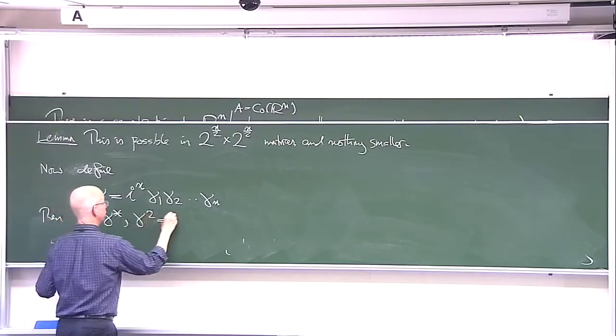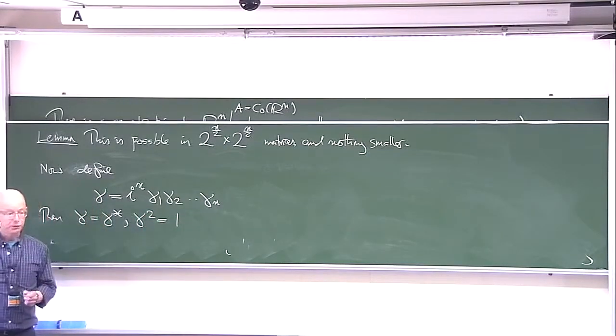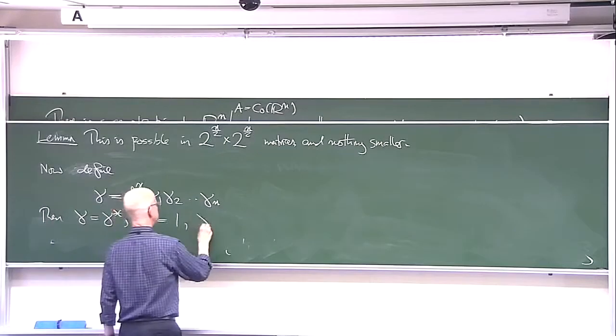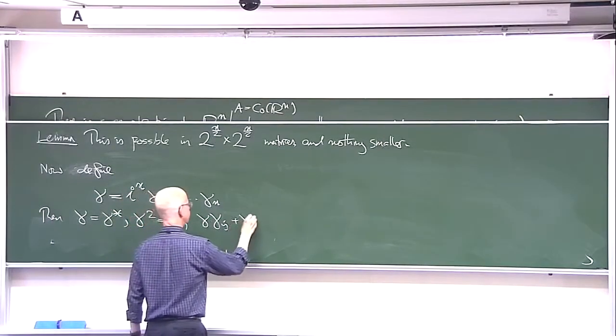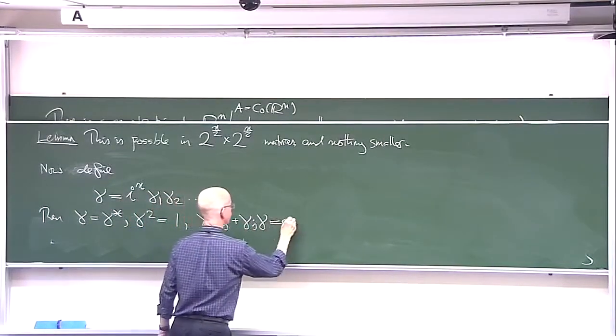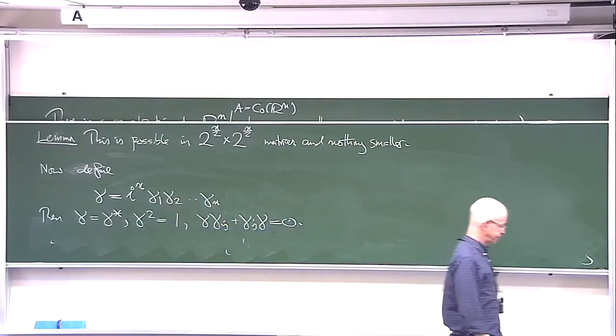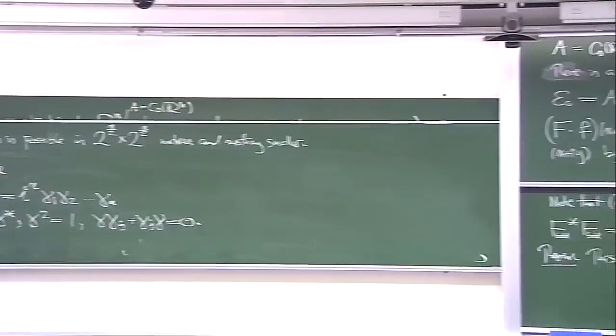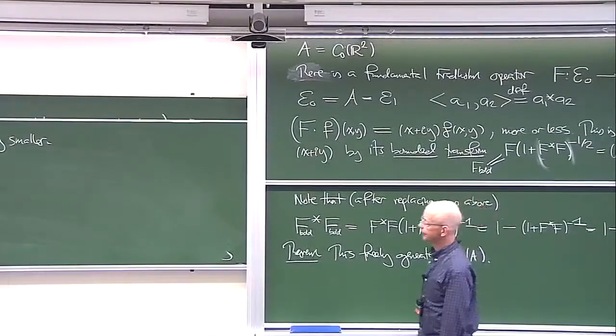And this is another matrix satisfying exactly the same algebra as all of the other ones. And we're going to use it in a slightly different way from all of the others, which is why I treated it separately.